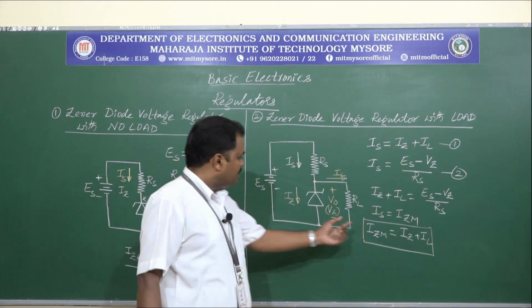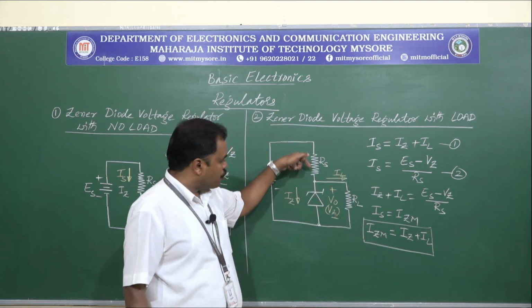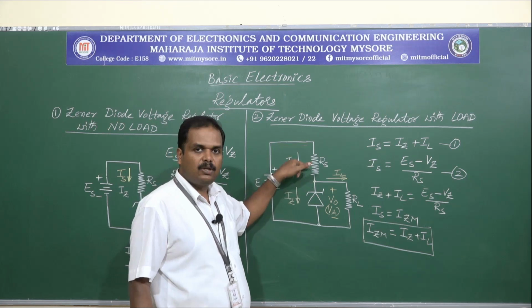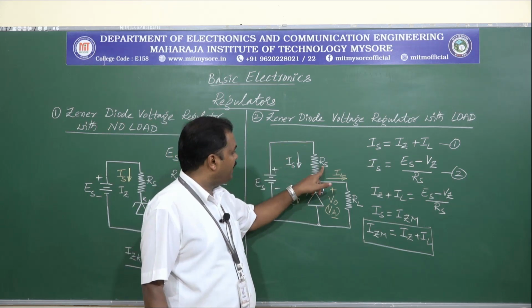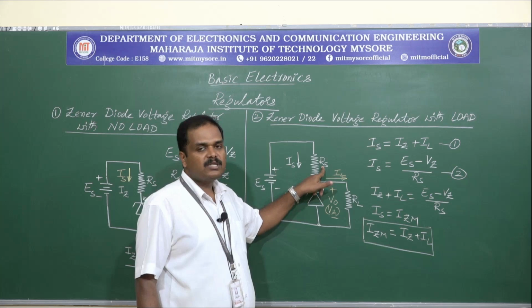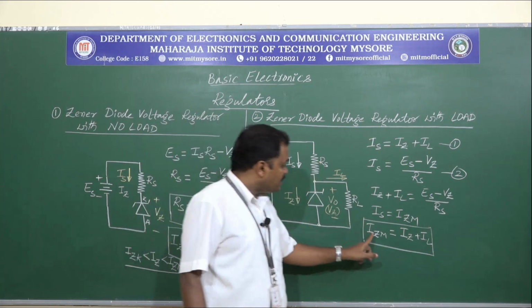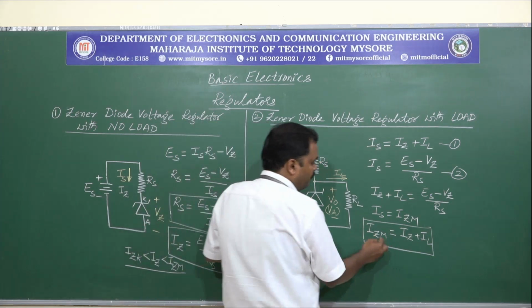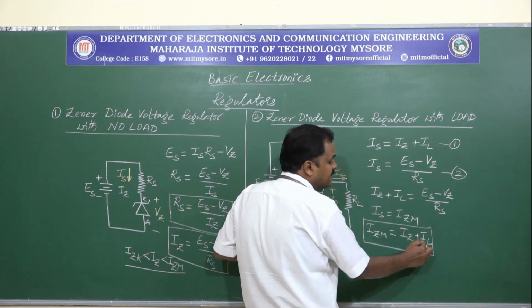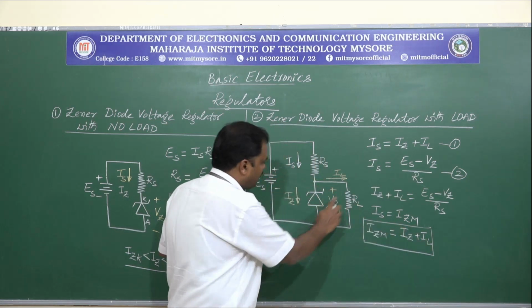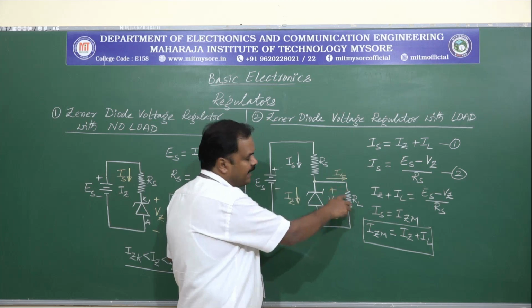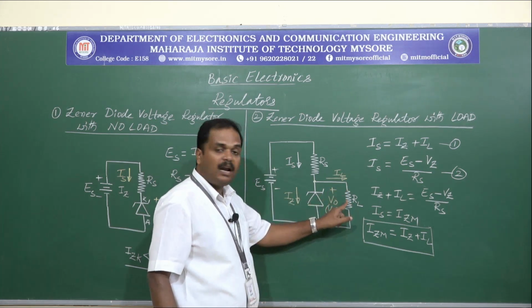So now this is the maximum current that should be allowed through the circuit, which can be controlled by using the resistance RS. And this is written as IZ plus IL, considering the IZ and IL that are flowing through Zener and RL.